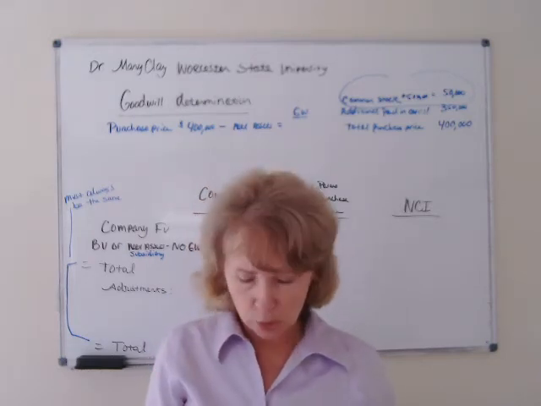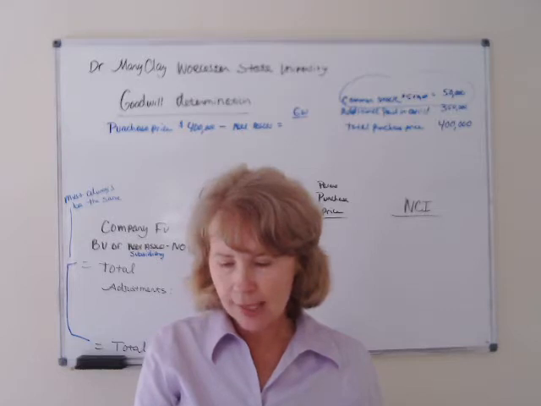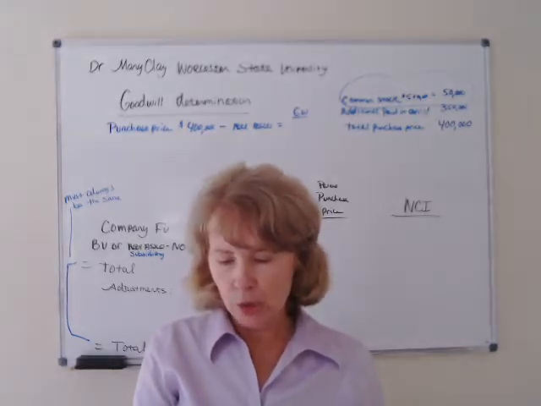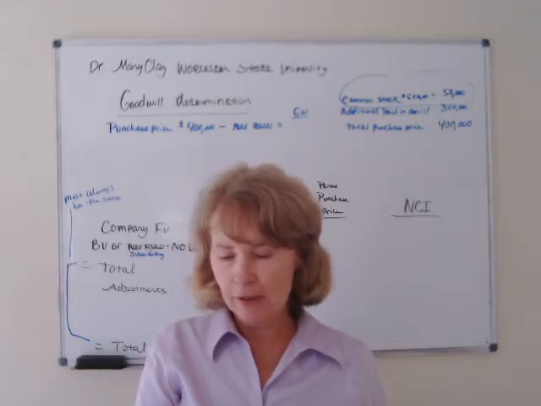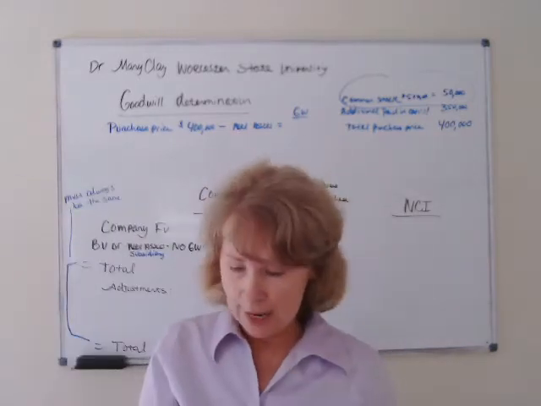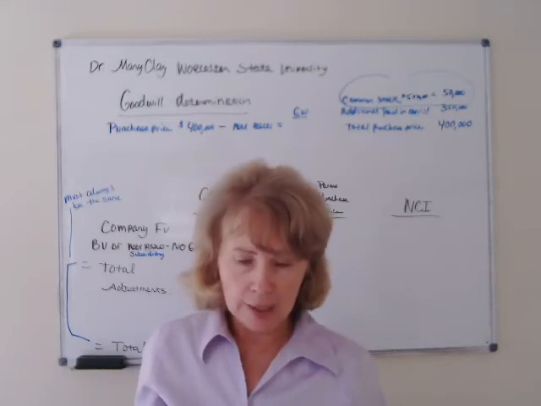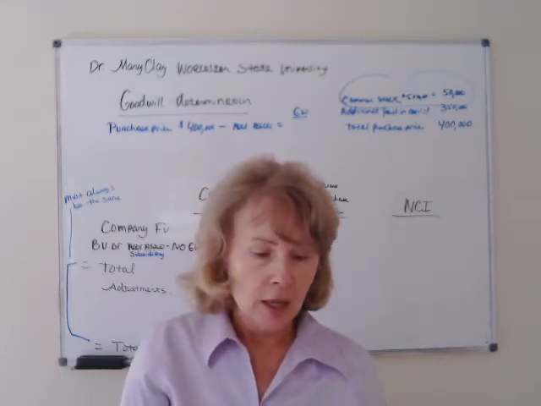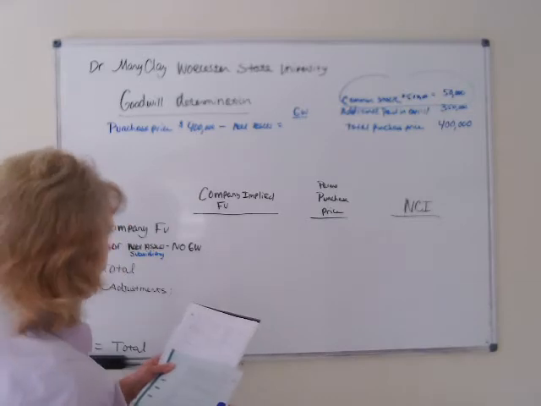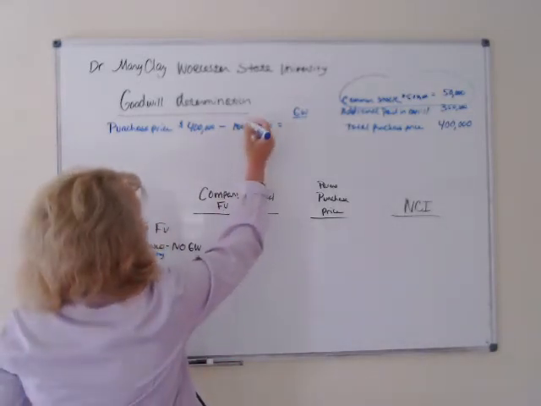But right now I'm showing you how to figure out goodwill. So we're going to take 60,000 plus 175 plus 200 plus 225 plus 75, and then we're going to minus 350. But why am I minusing 350? That is my liabilities. And when I do that, my net assets are 385,000.